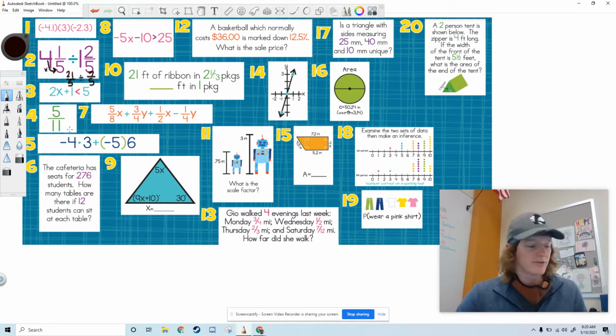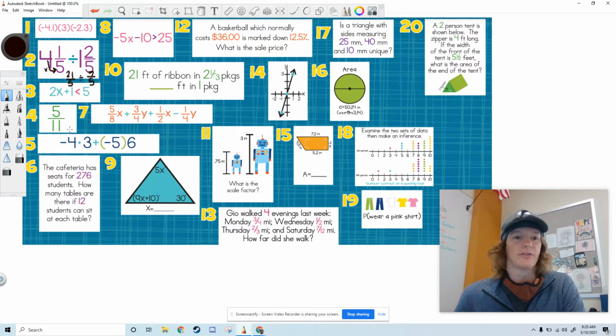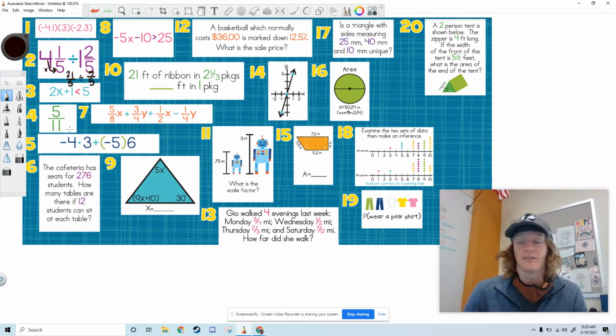We need to change this from a fraction to a decimal and to a percent. So 5/11 to a decimal, you need to divide the numerator by the denominator. And then to go to a percent, you multiply that by 100.